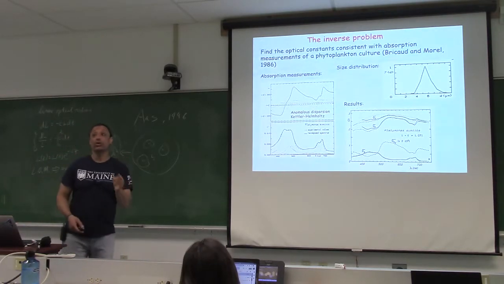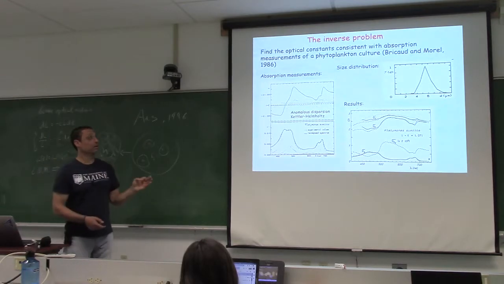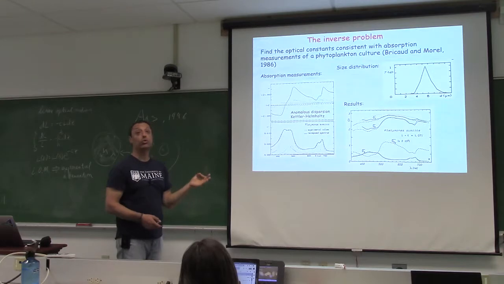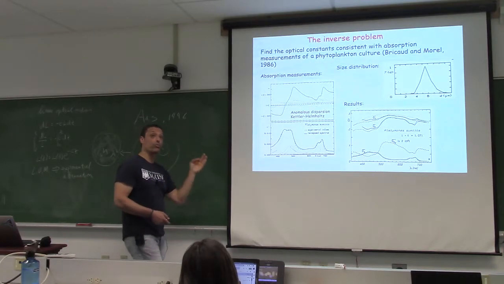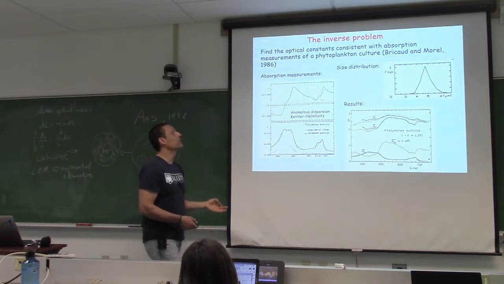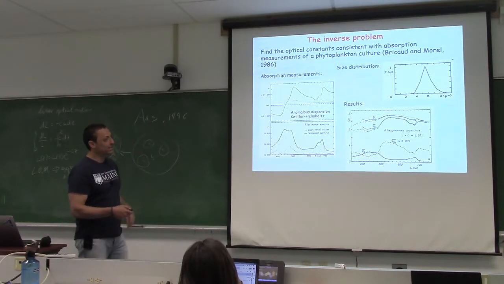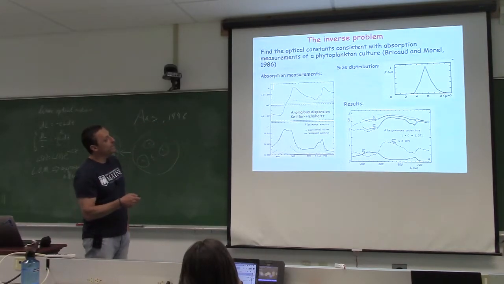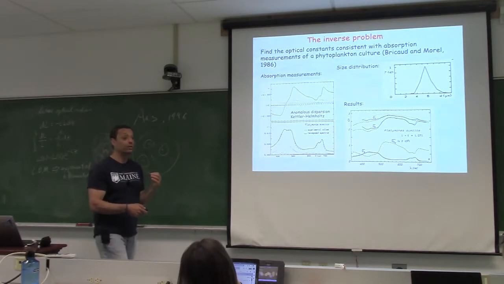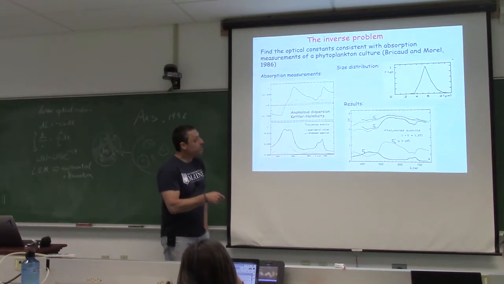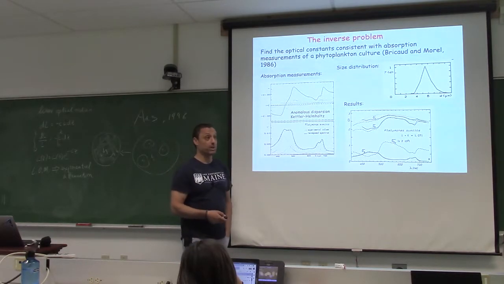Some of the initial groundbreaking work on using this theory to analyze optical properties of particles was done by Morel and Bricaud. Bricaud just got the Yale Award this year, and it's really amazing work. What I did not realize is that Annick, in this paper from '86, was, as far as I know, the first to decompose an absorption spectrum into Gaussians associated with each individual pigment.